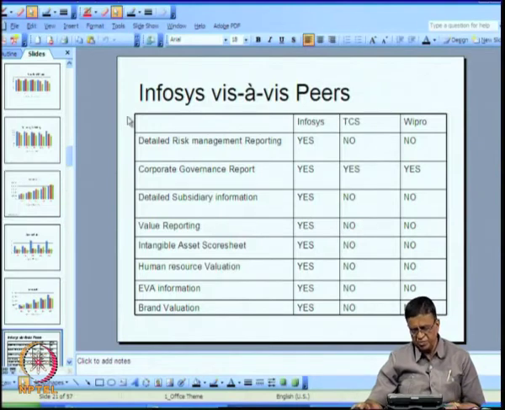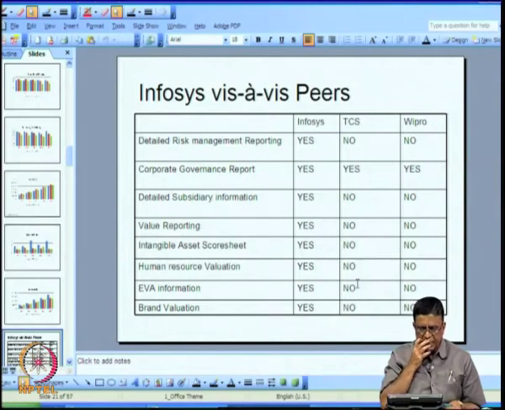Then the detailed subsidiary information, Infosys provides full information, TCS does not, Wipro does not. Then the value reporting, how much value the company made per employee, that is also reported by Infosys, but TCS and Wipro no. The intangible assets score sheets again reported by Infosys, not by TCS and Wipro.